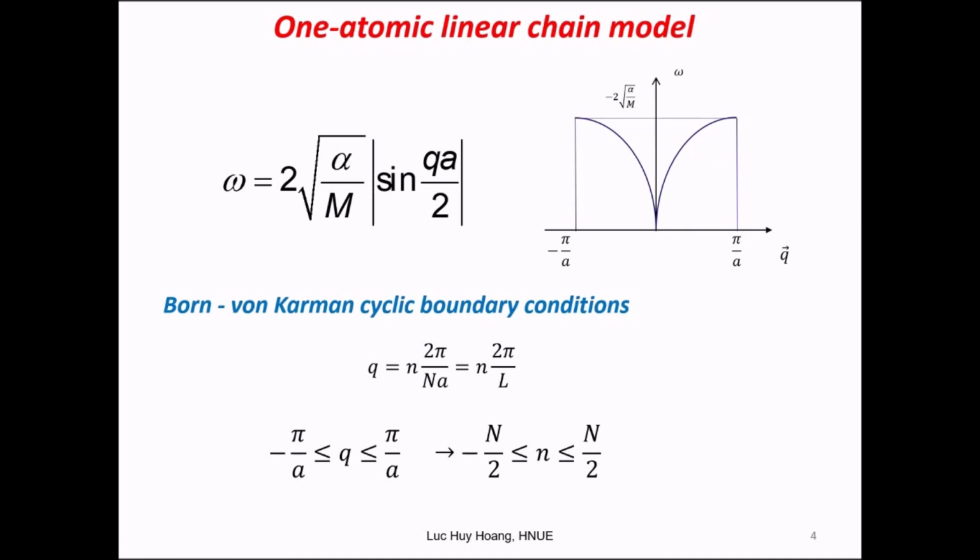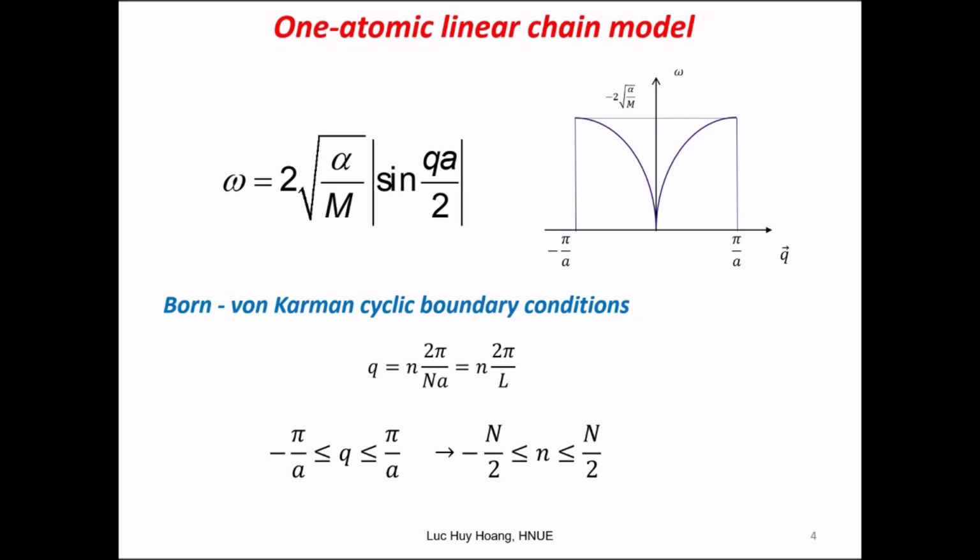And in order to apply this result to a real lattice, which is finite, not infinite, we apply the cyclic boundary condition, and the value of q is not continuous, but discrete. The number of q values is equal to N, where N is the number of atoms. So we have N states of vibration.